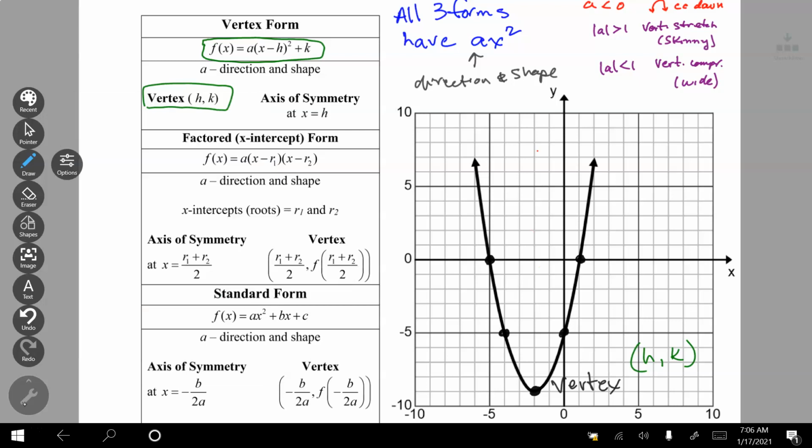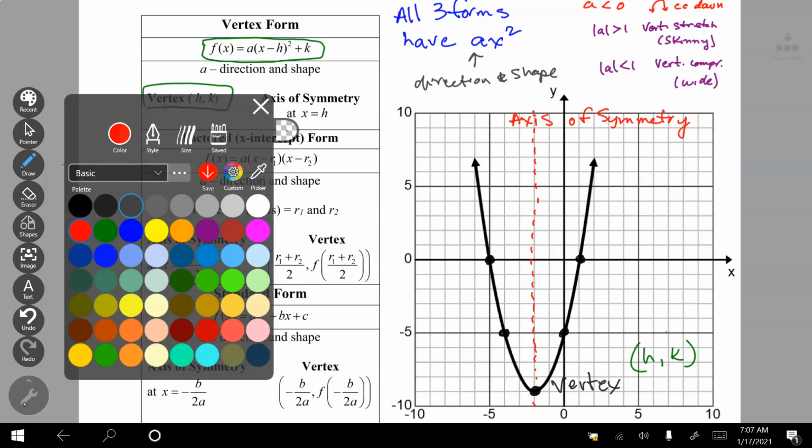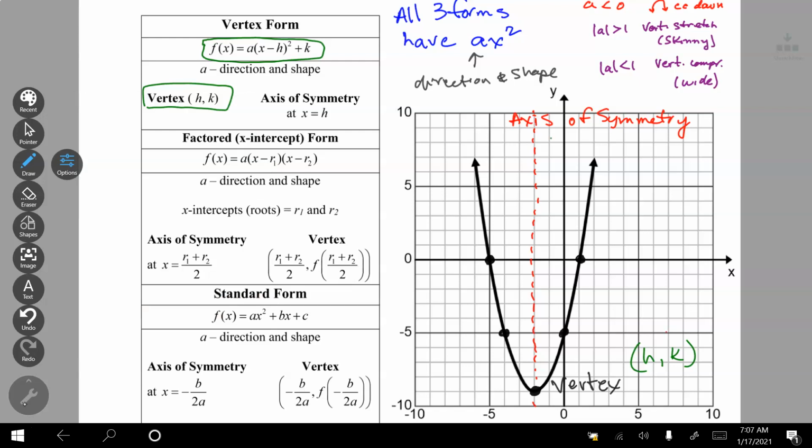So in this case, it would be this vertical line. We call this the axis of symmetry. And the axis of symmetry is just the x value of the vertex. So for this example, my axis is going to be x equals h. Okay?